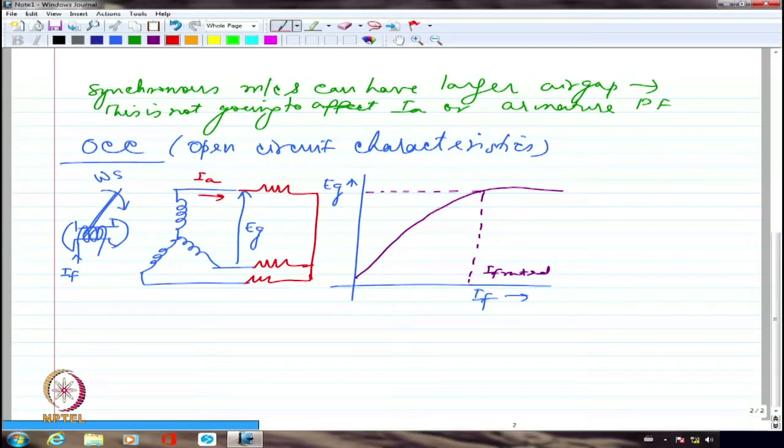If I have three-phase current in a space distributed winding, that will create a revolving magnetic field, definitely. So I am going to have two fields in the air gap, just like what I had in the case of the induction machine as well. In the induction machine, I had one field from the stator, another field because of the induced current and induced EMF in the rotor.